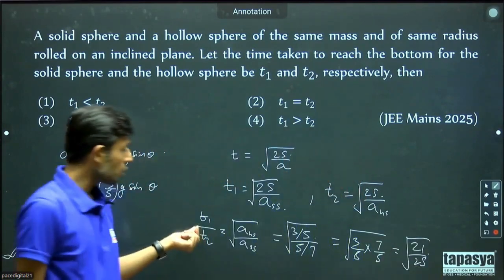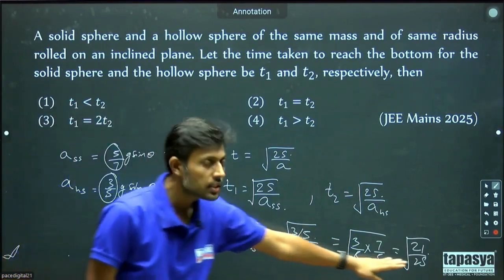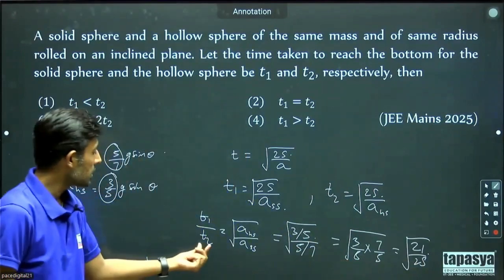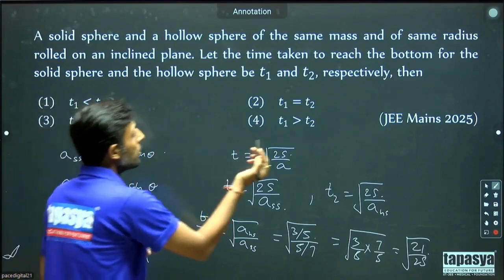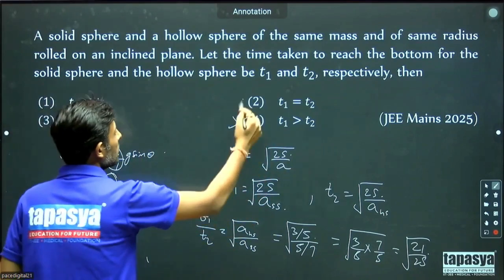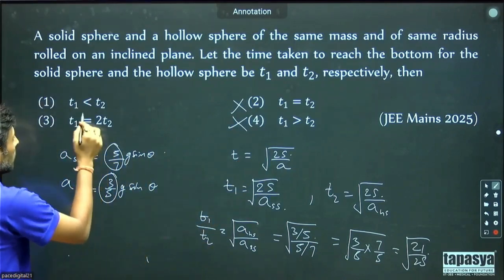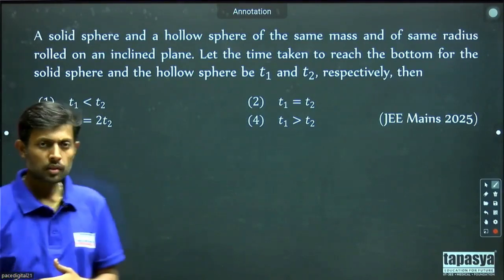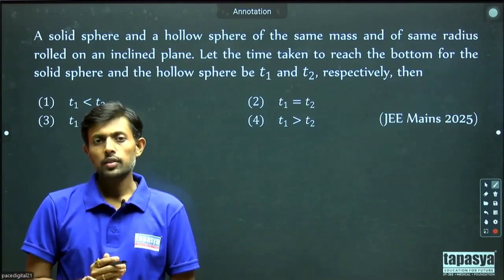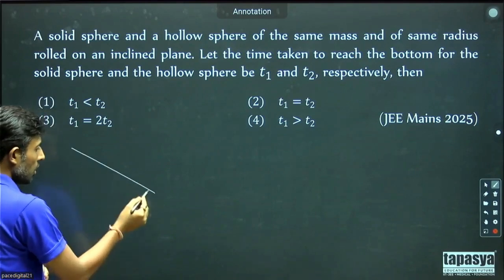So T1 is to T2 has this ratio. Of course, we can see that the denominator is bigger. So we can say that T2 is bigger than T1. This is not correct. This is not correct. T2 is bigger than T1. This is also not correct. Option 1 is correct.